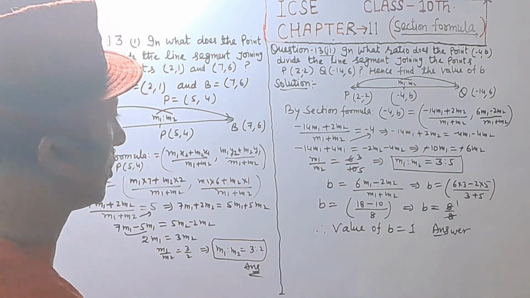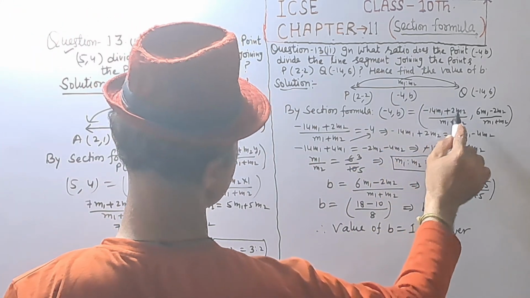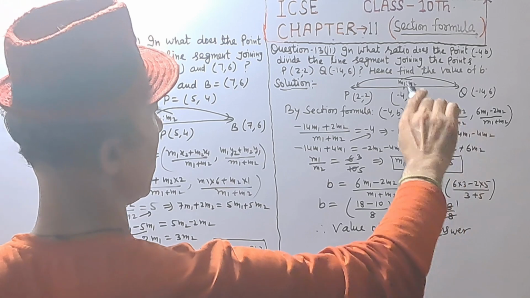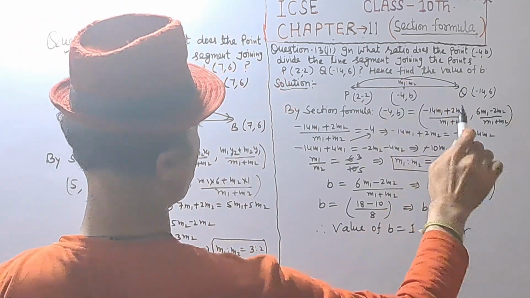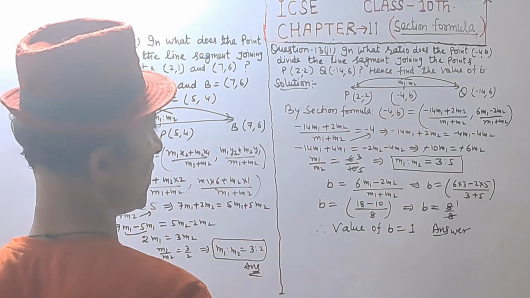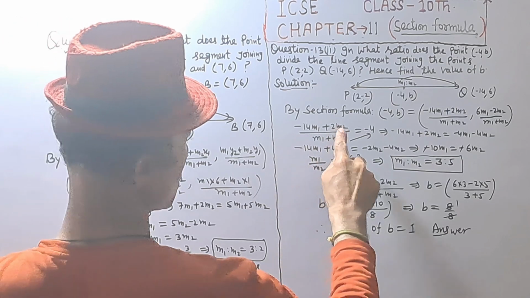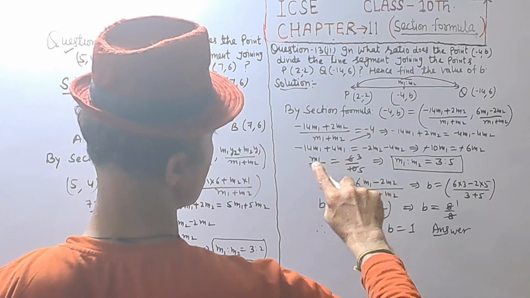Using section formula, (-4, b) is equal to (M1x2 plus M2x1) upon (M1 plus M2) and (M1y2 plus M2y1) upon (M1 plus M2). We are comparing first point is equal to minus 4, that is (minus 14M1 plus 2M2) upon (M1 plus M2) equal to minus 4.